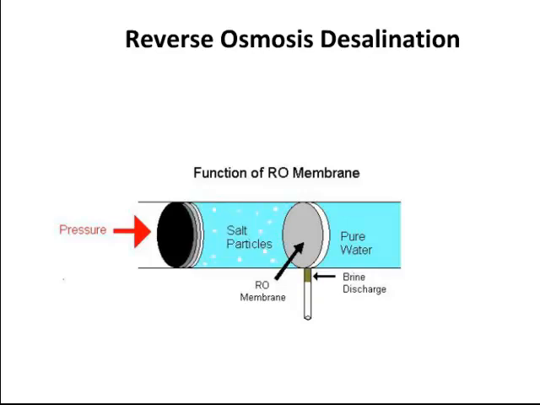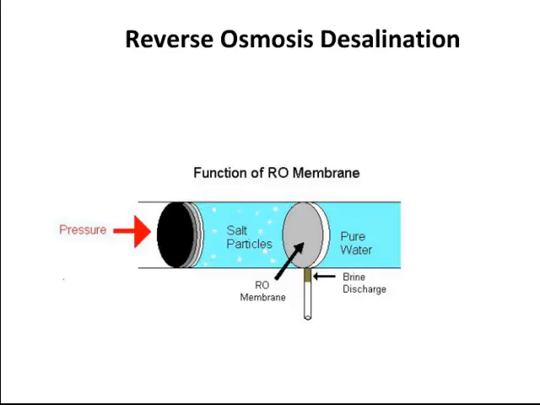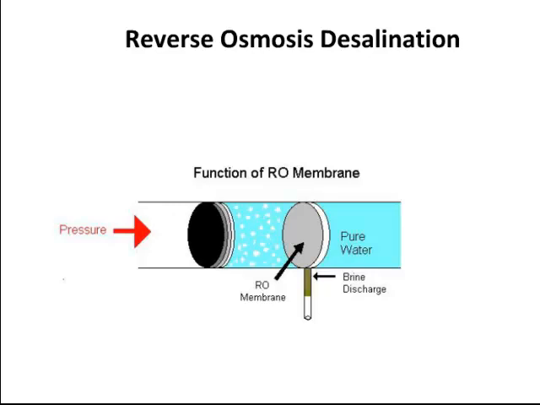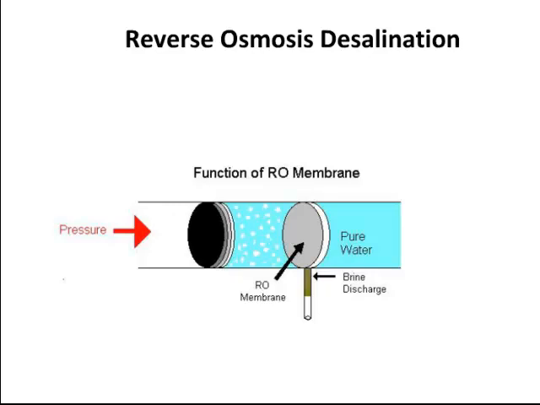So seawater is pumped out of the ocean and then pressurized, and that pressure forces the water molecules through the membrane, generating a stream of pure water. The salt particles are trapped within the membrane and produce what's called the brine discharge. So this brine is highly salt concentrated water. So it's water with lots and lots of salt in it.